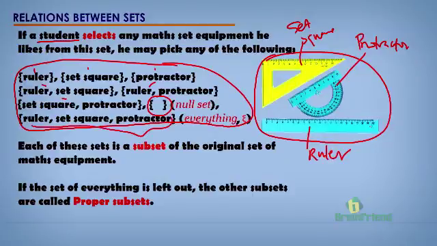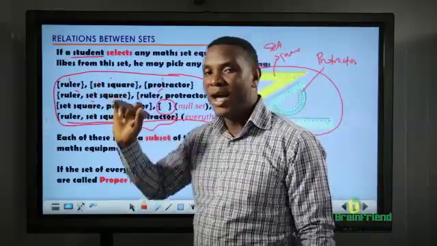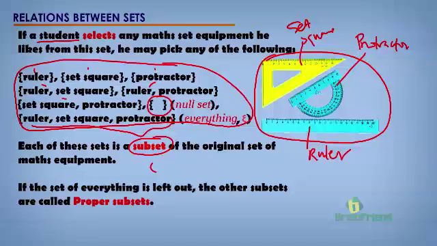All of these selections he has made are referred to as subsets. All of our selections here are sets of themselves, and they are all subsets of our original set of math equipment. Take note of a very important concept.